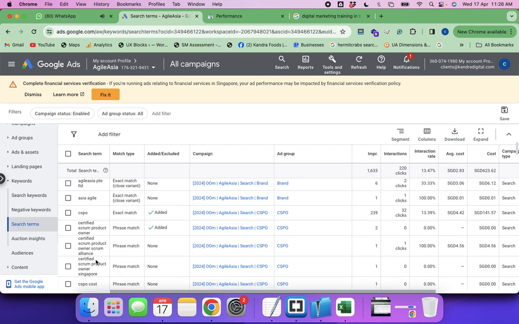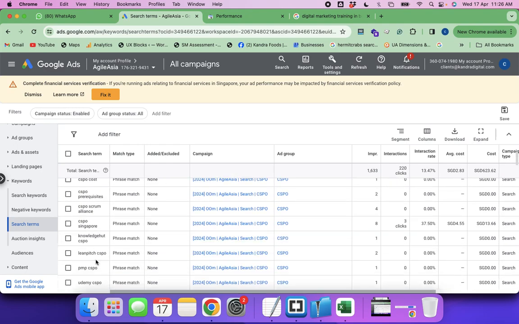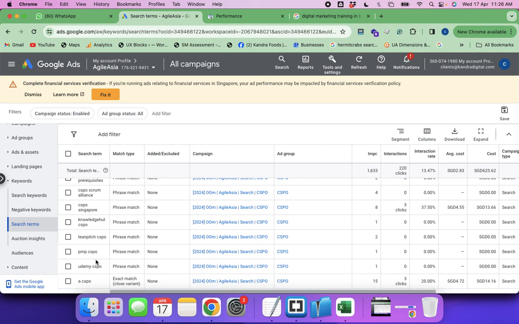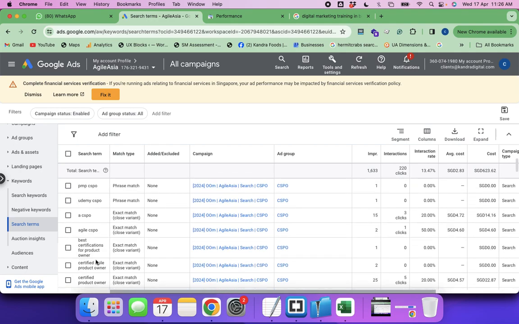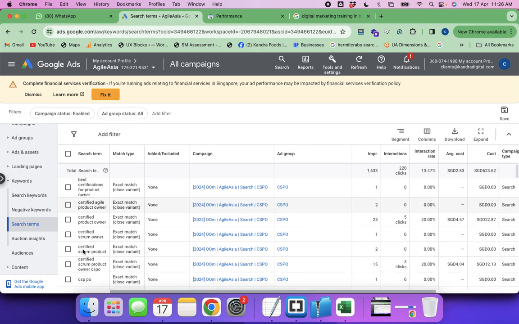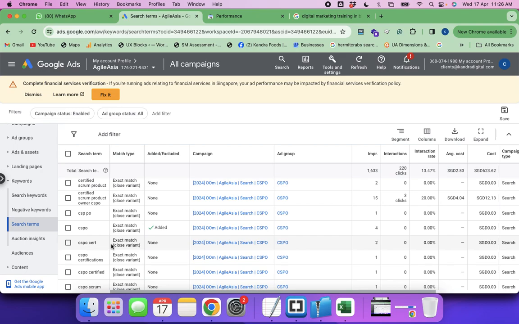Do you all see that? So handling or dealing with this set of keywords or data is super important because this is the place where most of your money can get wasted. You have to go through search terms regularly, every day, every hour, especially if you're launching it for the first time. And whether it is the first time or not, it doesn't matter with experience.